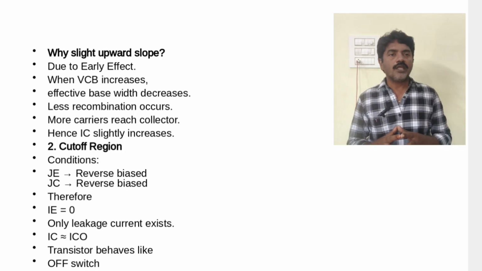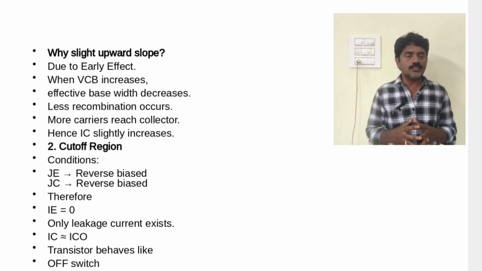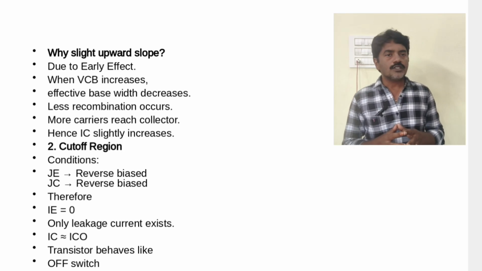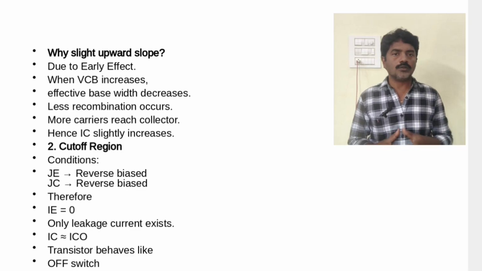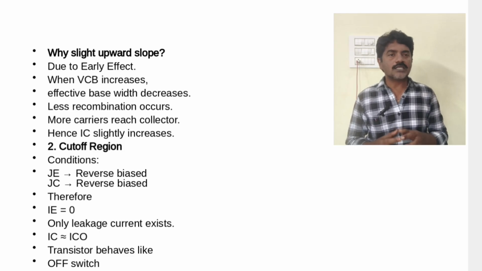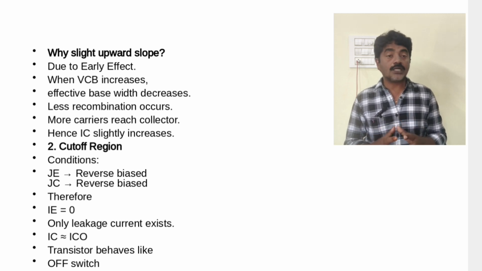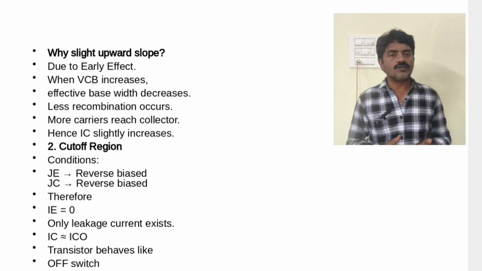That's why the input current IE is a very small value, equal to 0. Only leakage current flows to the base. In reverse bias, IC is equal to ICO, the reverse saturation current. In that region, the transistor acts as an off switch.